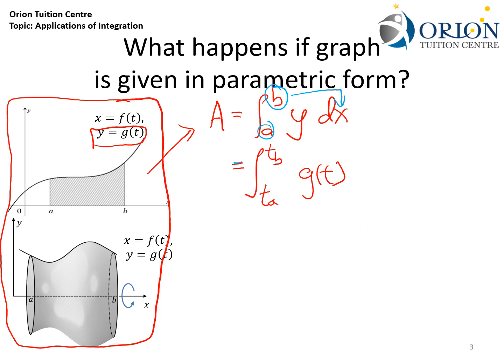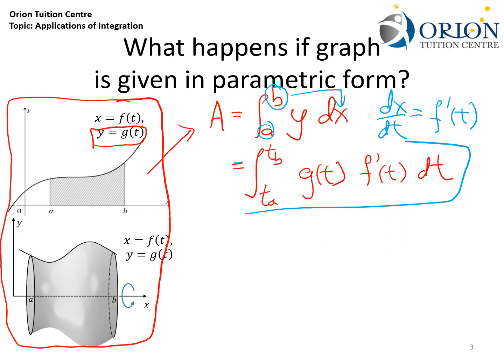And finally, for dx/dt, we can find it very easily as f'(t). And therefore, dx can be written as f'(t) dt. Now what we have to do is just to solve this integral, and we will get the corresponding area.